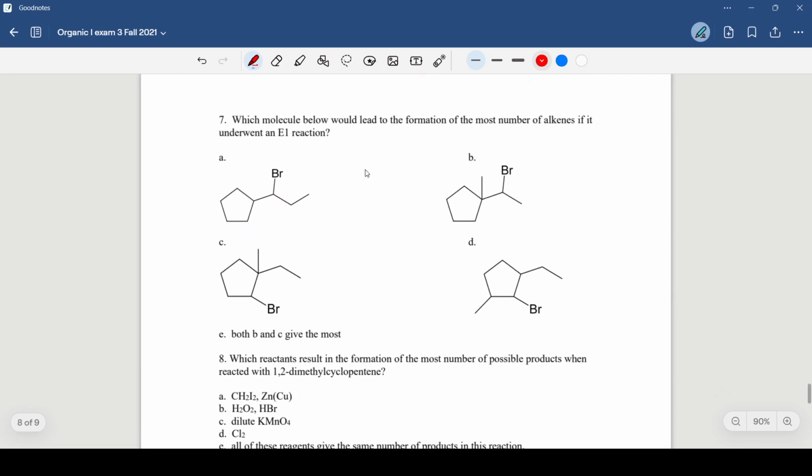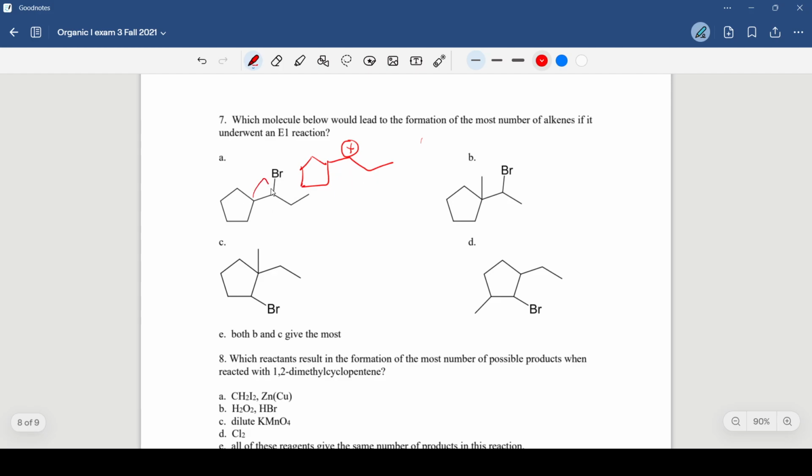Okay, so these types of reactions look a little difficult, but what I like to do is draw the carbocation and then just draw lines. So this will be the carbocation like this here. And remember, don't forget rearrangements.